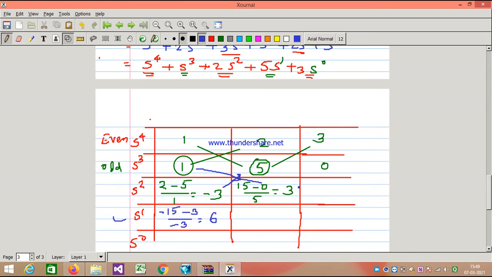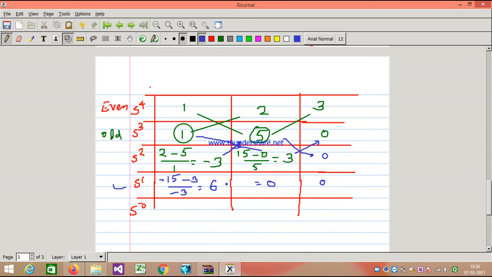Okay, again take cross multiplication. This is the 0, so 3 into 0 is 0, 5 into 0 is 0, divided by 3, so it becomes 0 only, right? Let's solve the next, last term, cross multiplication. I'm changing the color, pink color.